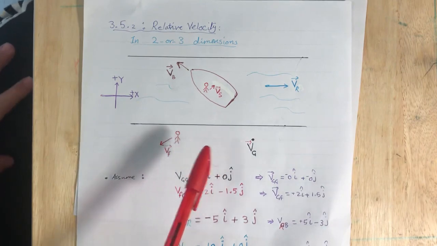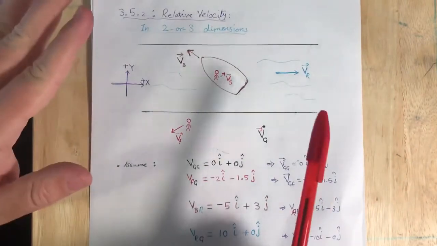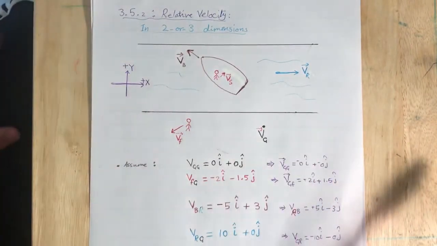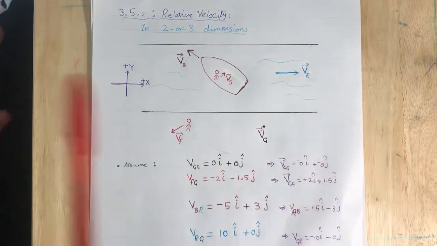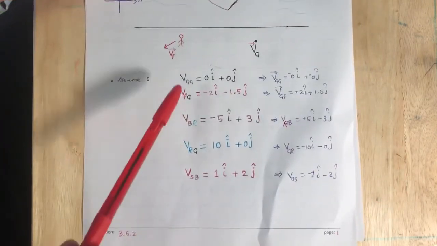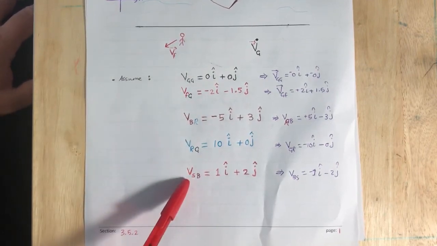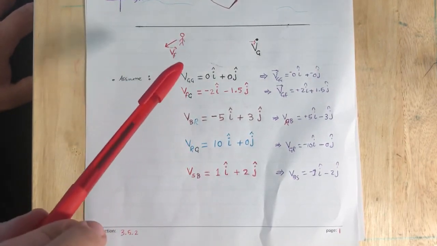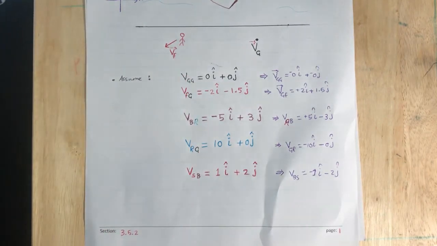Then we can find the velocity of an object with respect to any other object, even the earth, the ground. But we need to know the connecting indices to move from an object to a final object. Thank you.